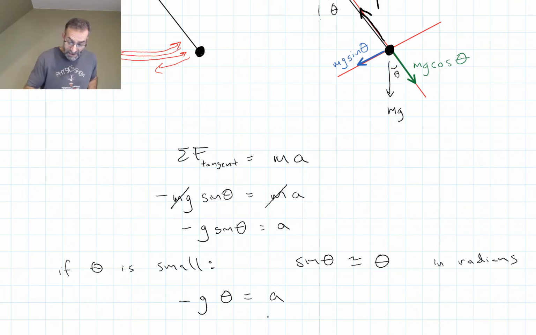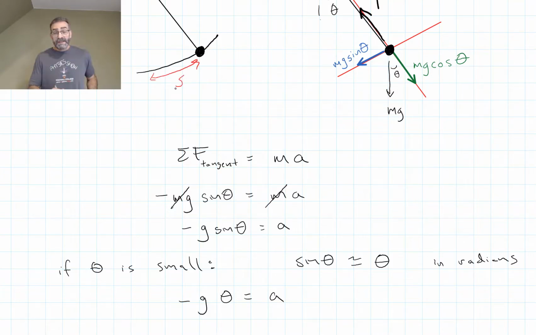And so let's think about what's happening here. Our mass is moving in an arc length. We usually use s to show the distance of an arc length. So a would be equal to the second derivative of that with respect to time. We know the arc length is equal to r theta if we're in radians.